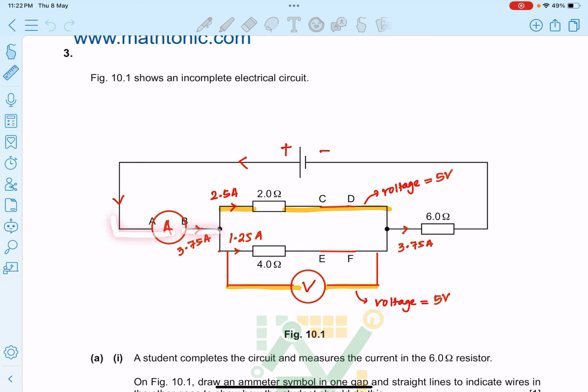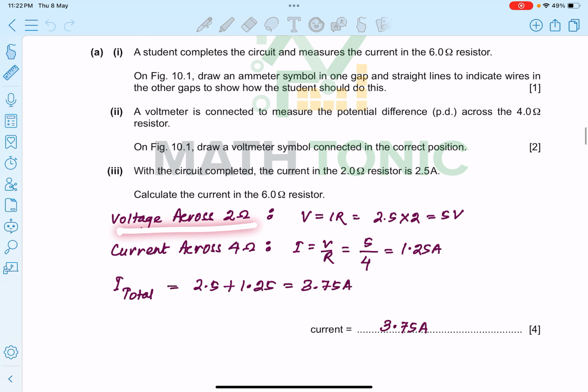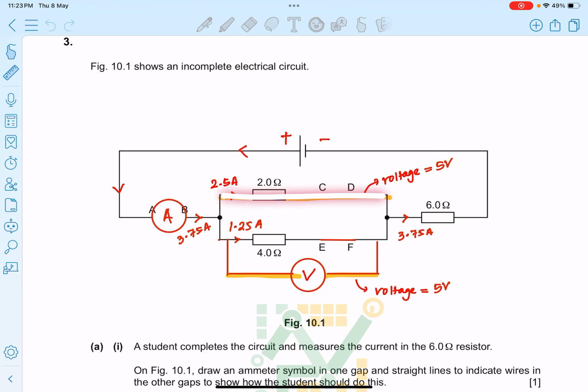So I tried to find it here. We already have the current, 2.5 ampere, and the resistance is 2, so we can find the voltage. Voltage across the 2 ohm resistor is V equals I times R, 2.5 times 2, that is 5 volt. What does it mean? This branch and this branch are connected in parallel, so they will have the same voltage.